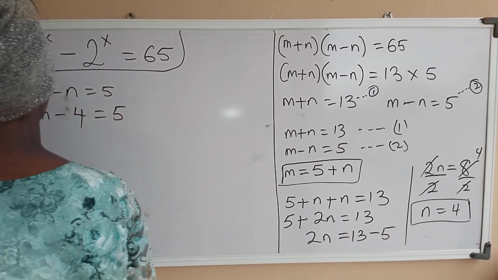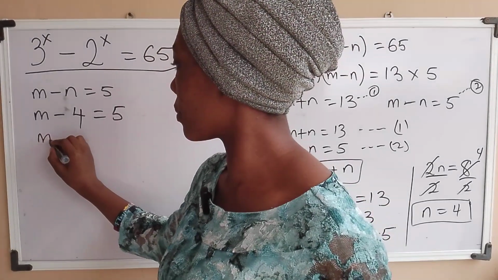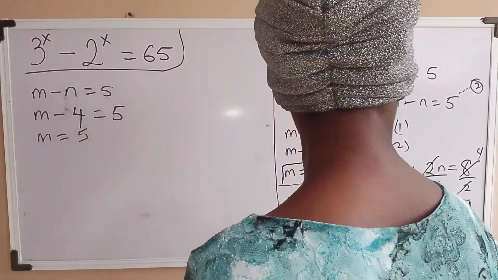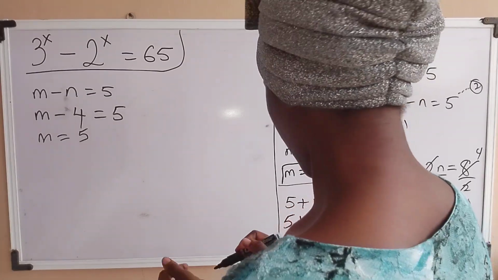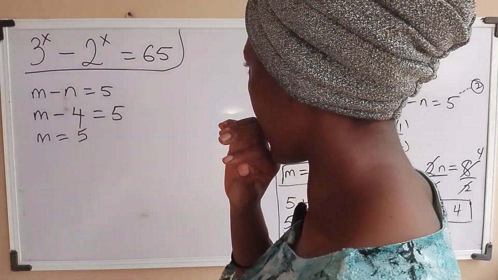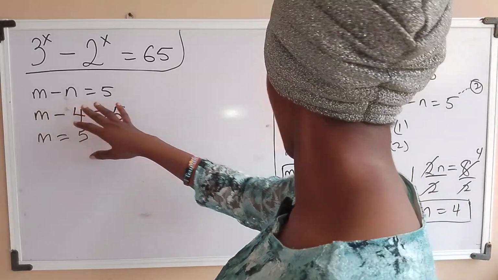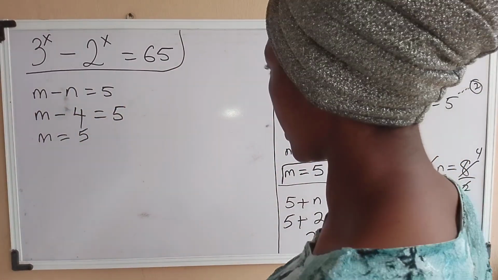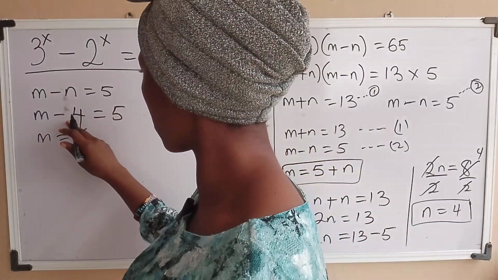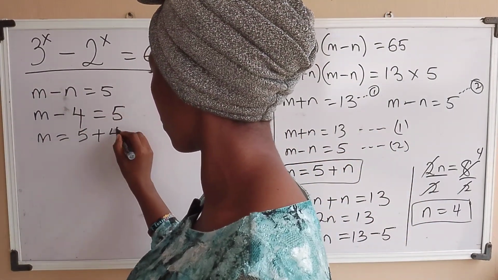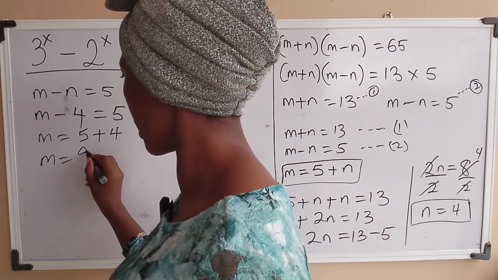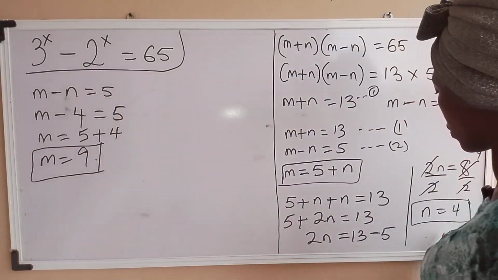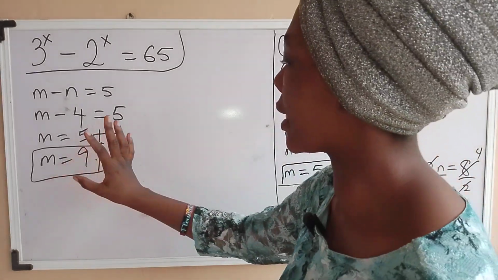So m minus 4 equals 5. When we collect like terms, the 4 comes over as a plus 4 to give us m equals 9. So our n is 4 and our m is 9.